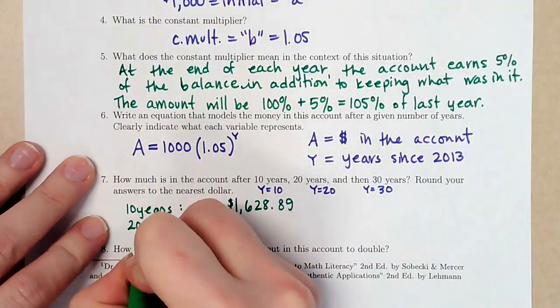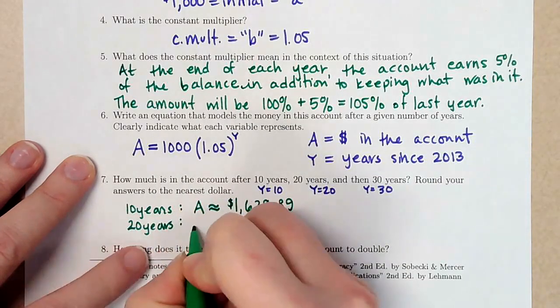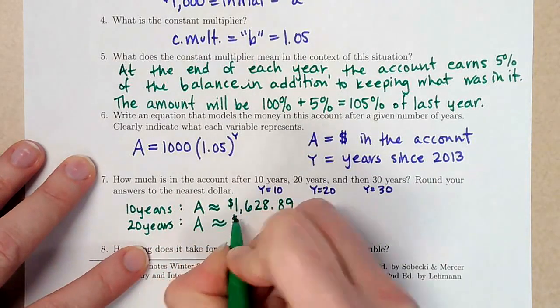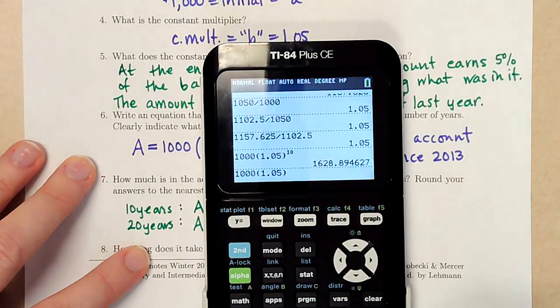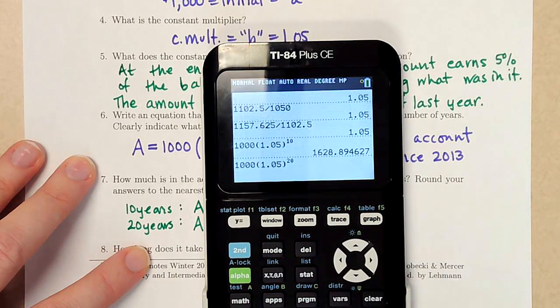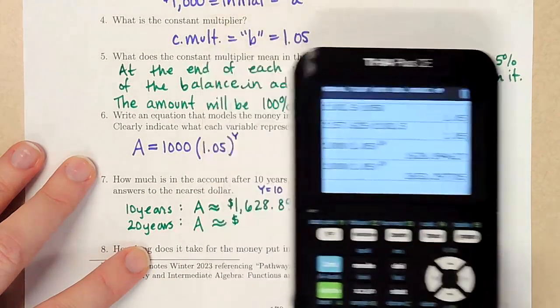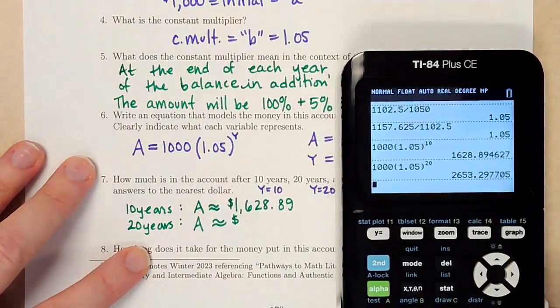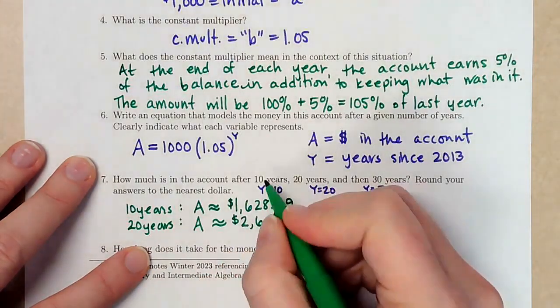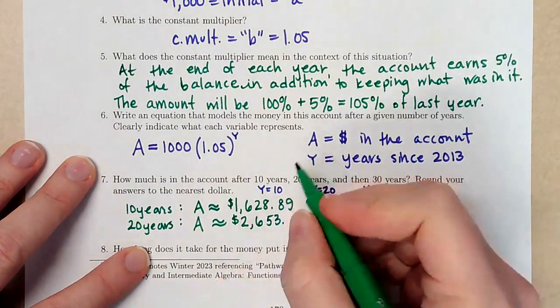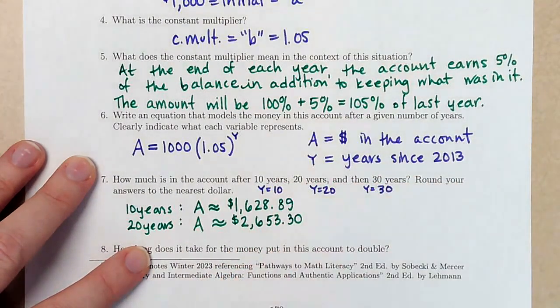Got it. What about 20 years? The amount will be about, okay, 1,000 times 1.05 raised to the 20 exponent, $2,653 and about 30 cents. Cool. Usually we round down, just FYI.